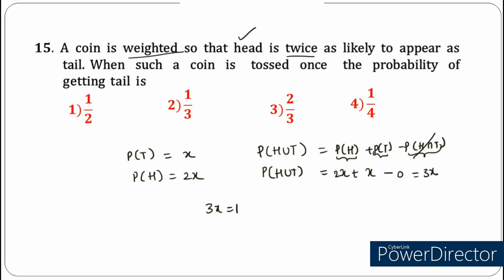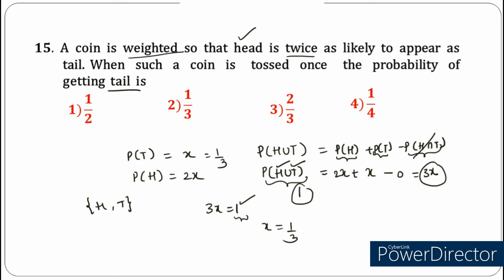You are getting all the outcomes here. So the probability of the sample space, head or tail, is 1, or you can equate this to 1 directly, right? 3x is nothing but 1. So what's the value of x? 1 by 3. What is x? Getting tail. What they have asked is the probability of getting tail. So which option? 1 by 3, option 2.